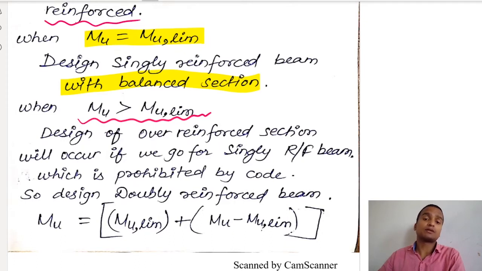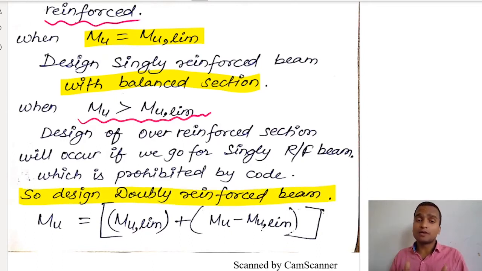So we cannot design a singly reinforced beam, otherwise the design will be over reinforced, and this is not allowed. So what can we do? We can design a doubly reinforced beam, and this is where we want to reach. Now for what values of moment are we going to design the doubly reinforced beam?